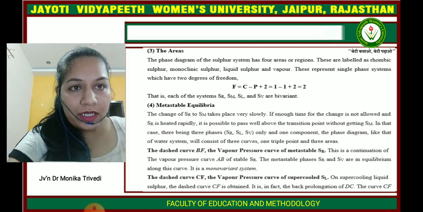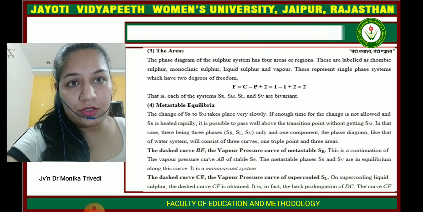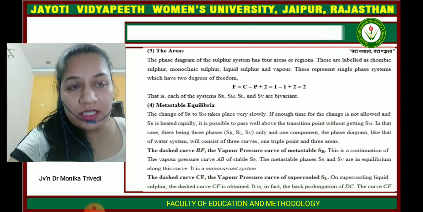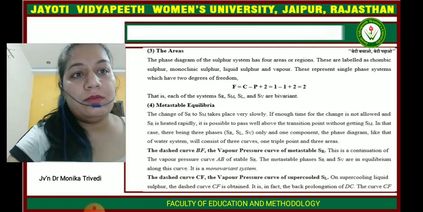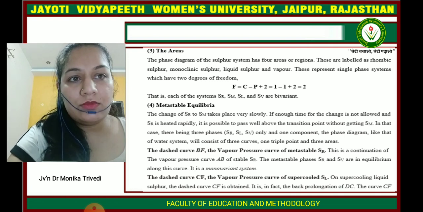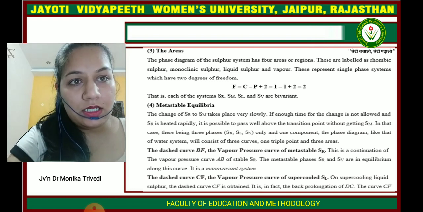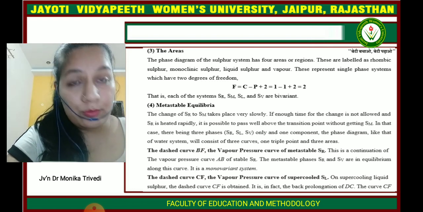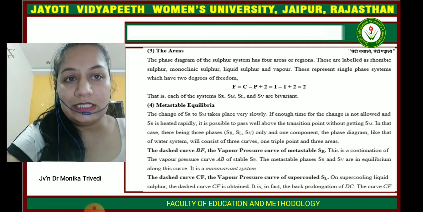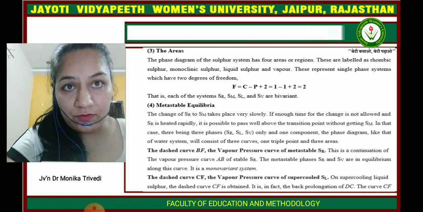So here you can calculate the phase rule for the dotted dash line BF, which is also known as the vapor pressure curve of metastable sulfur rhombic. For this kind of system, the degree of freedom will be 1, and the curve represents a monovariant system. Then we calculate the degree of freedom for curve CF, also known as the vapor pressure curve of supercooled sulfur liquid.